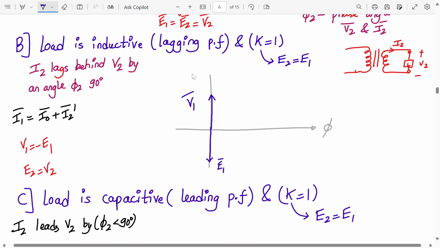So this will be E1 bar, which is equal to E2, which is equal to V2. Correct? Now tell me where this will come. I2, X-axis. Which x-axis? Positive X-axis. Where exactly? The reference line, like the phi angle.